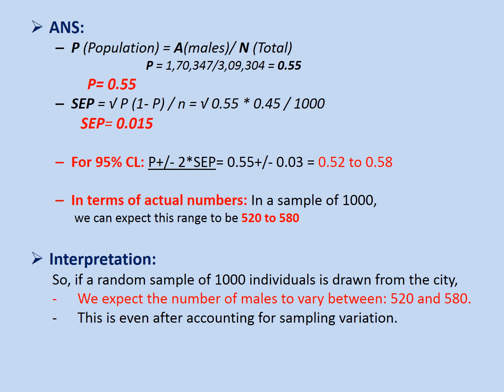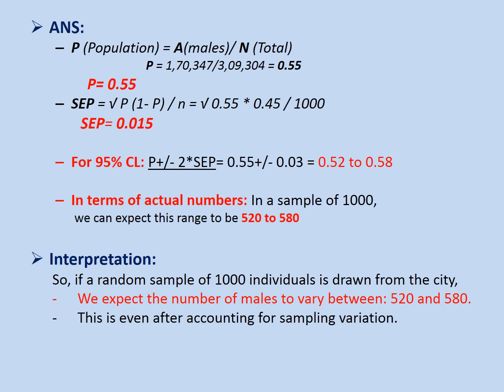So what is the interpretation of this? If a random sample of 1000 individuals is taken from the given city, we expect the number of males to vary between 520 to 580, and this is even after accounting for the sampling variation.